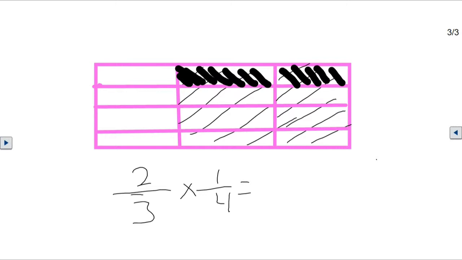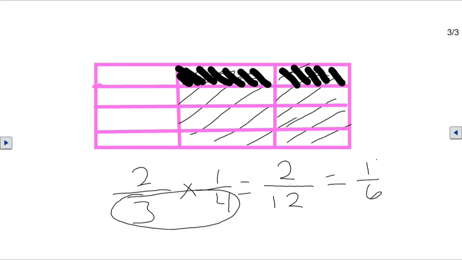That reinforces our idea that 3 times 4 gets us our denominator. If I look at how many pieces of the candy bar I get to eat, I've got the 1 there and the 1 there. I've got 2, which happens to be 2 times 1, to get 2/12, which can then simplify to 1/6. So we can see mathematically and with the area model that we simply multiply our numerators and multiply our denominators.